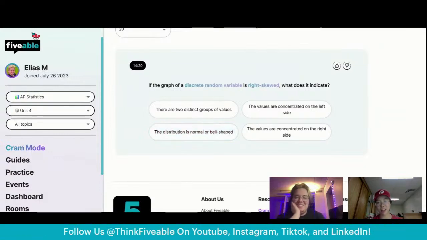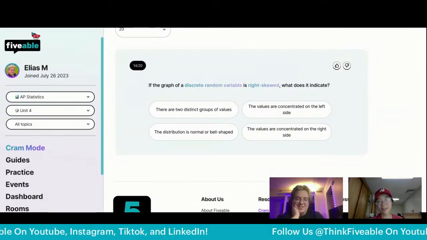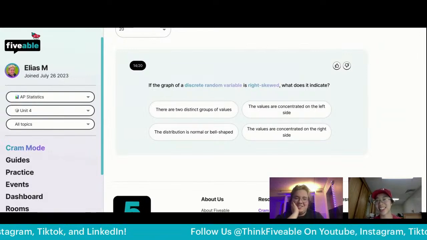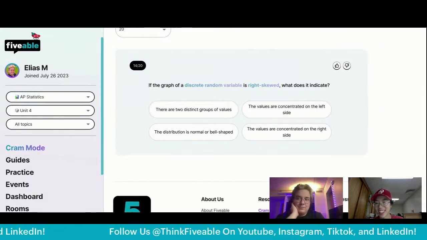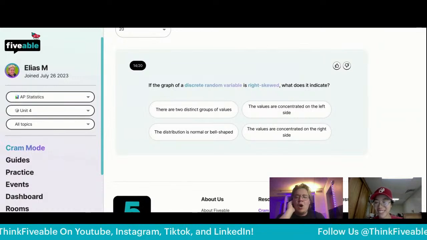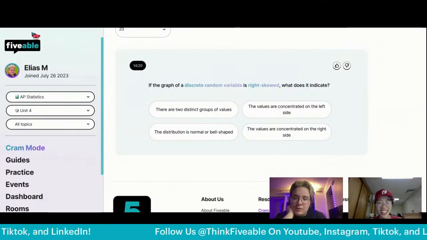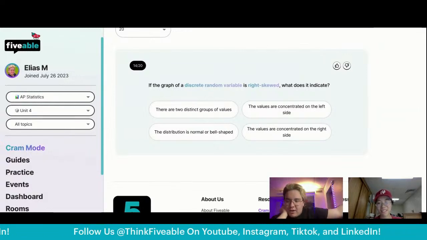Bell-shaped is perfectly symmetrical. Yes, bell shapes are the ideal. It's the favored child of the AP statistics world. It's the only child we talk about most of the time. No, we're talking about our bastard child right now. Right and left skewed are over there, I guess.